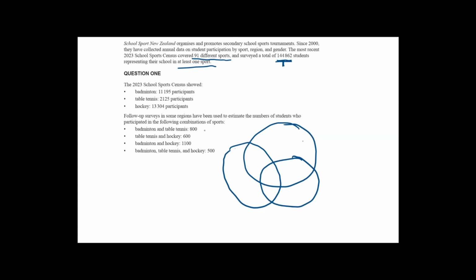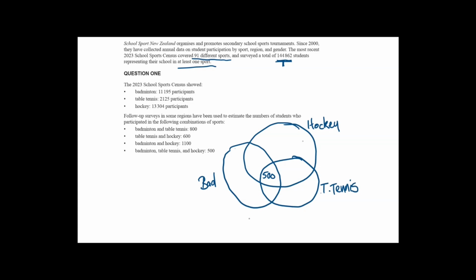So let's start off with the one for all of them. So there are 500 who play all three. Let's call this one badminton, let's call this one hockey, and let's call this one table tennis. All right.